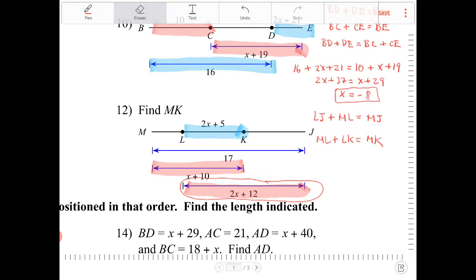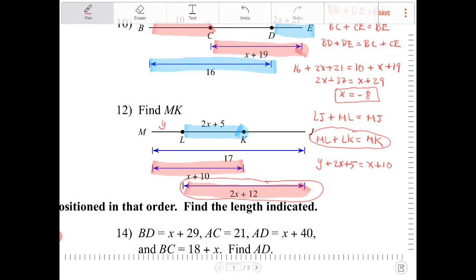So what I'm going to do is substitute things I know in there. I'm going to call this ML here Y. So ML, which is Y, plus LK, which is 2x plus 5, equals MK, which is x plus 10.